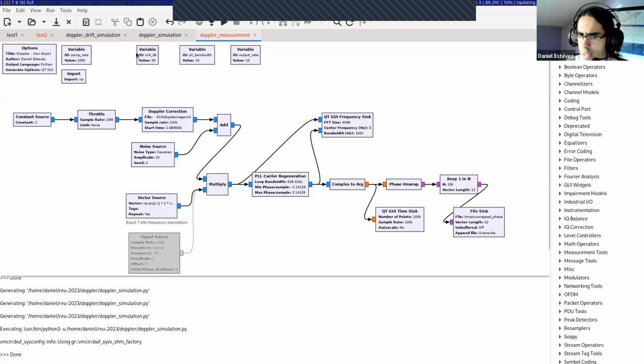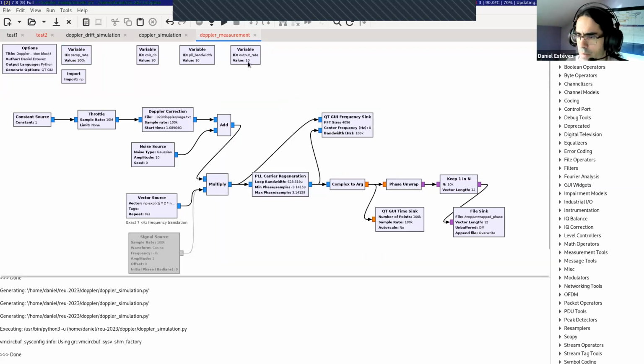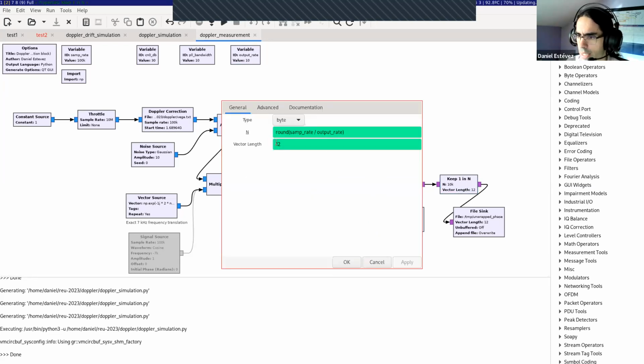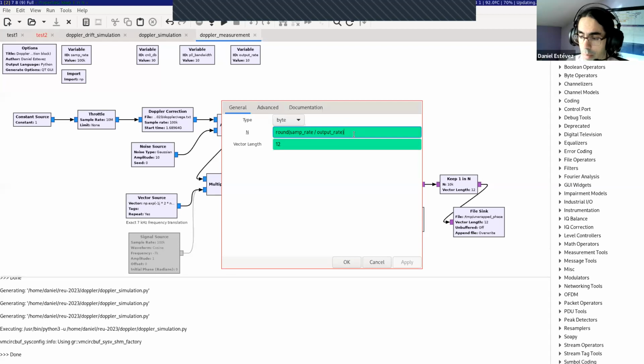What I'm doing is the flow graph runs at 100,000 samples per second. So I only want to generate 10 measurements per second, because otherwise my measurement file will get large pretty quickly. So to take 10 measurements per second, basically I decimate, I keep one in every 10,000 samples.